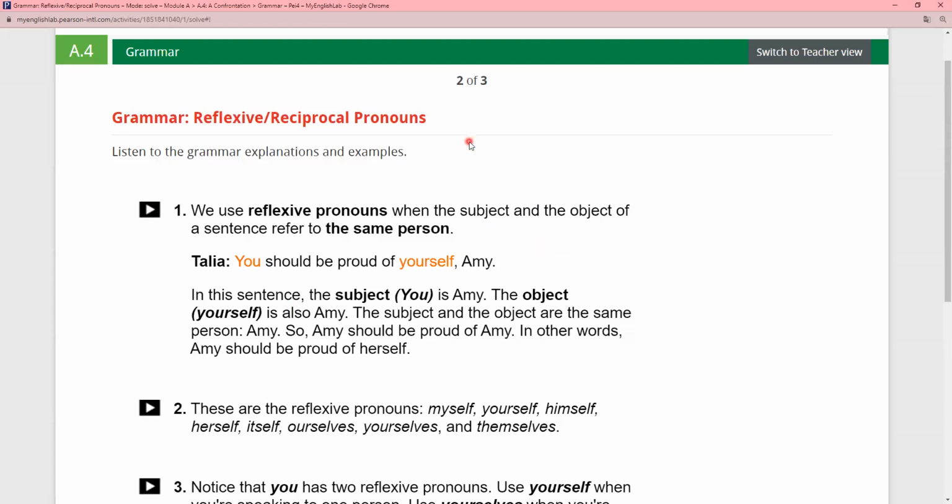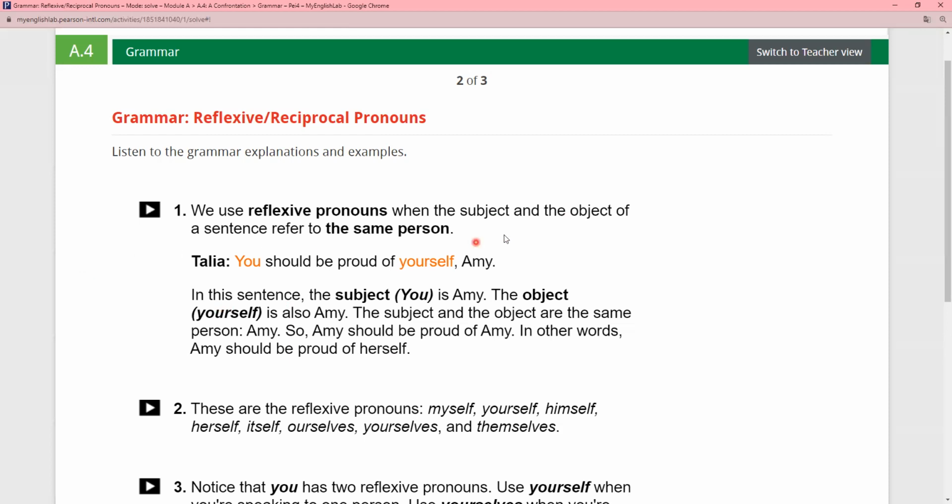We're going to use reflexive pronouns when the subject and the object of a sentence refer to the same person. In this case, the subject is you, and the object is yourself, which is Amy, right? So the subject and the object are the same person, Amy. It's like saying Amy should be proud of Amy. It doesn't sound good, so for that reason we have the reflexive pronouns.